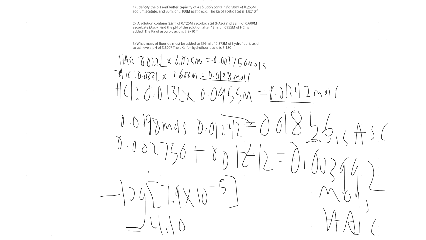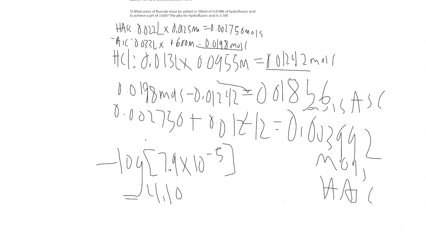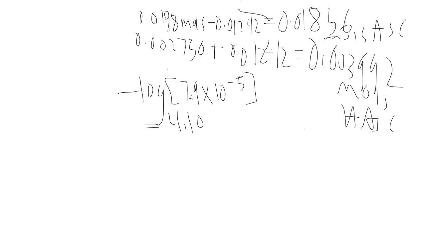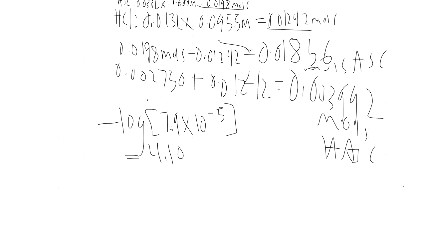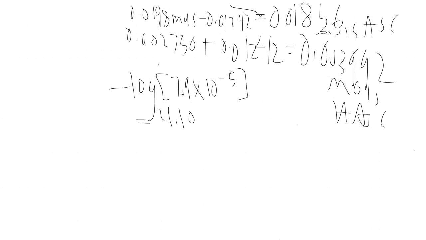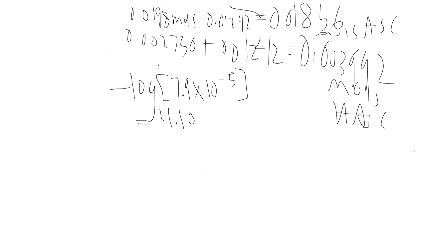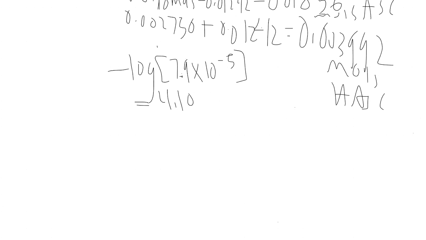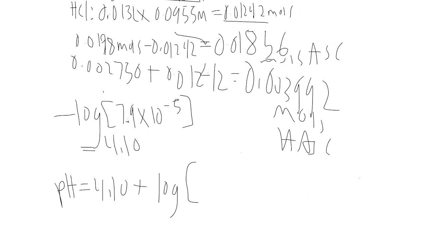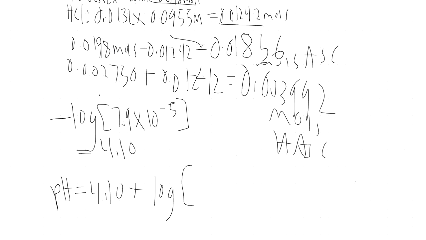So once we've done all of this, we're going to plug everything into the Henderson-Hasselbalch equation. And like I said, we do not need to convert this to molarity because we're going to be dividing by the same thing, so it's going to cancel out anyway. All right? So, Henderson-Hasselbalch equation. pH equals pKa, which is 4.10, plus log of the concentration of ascorbate, which is the conjugate base.